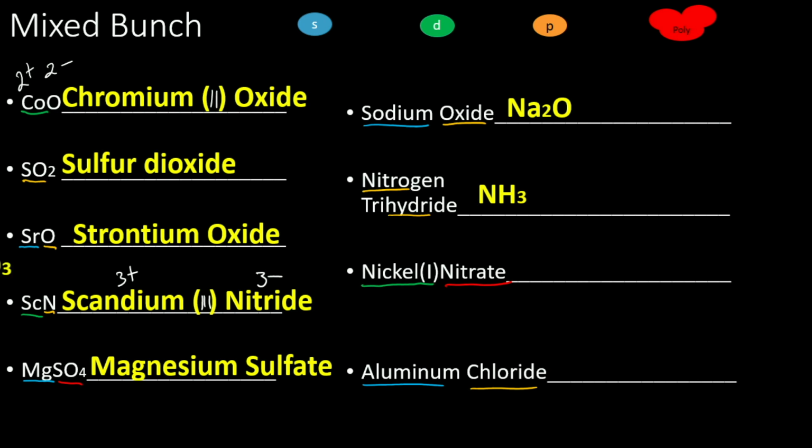Next up, nickel(I) nitrate. Nitrate, you need to know that that's a polyatomic ion. Again, ate bonded to a non-metal is a polyatomic ion. You must know the charge, so it's a -1. And lastly, I have aluminum with chlorine, so AlCl3.